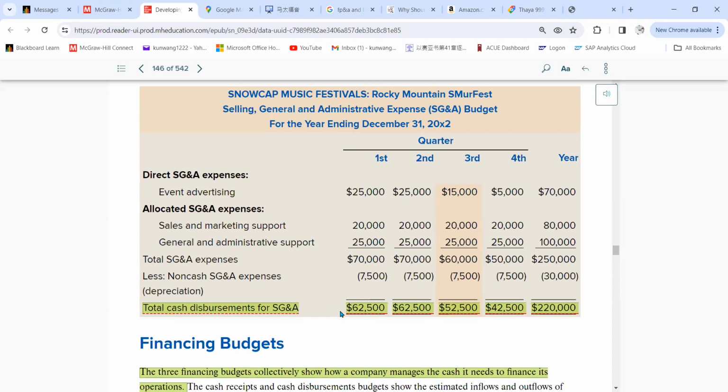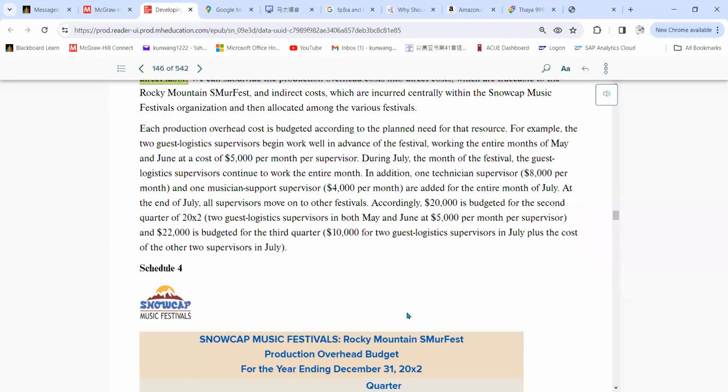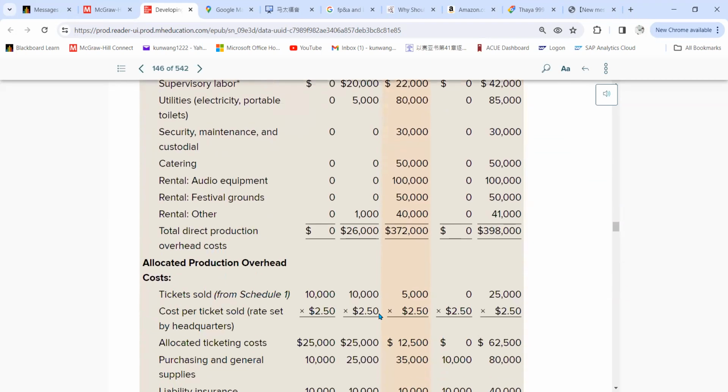So we also have the cash payments information, but for the labor overhead, we didn't really put how much cash you need to pay out for these items. That information we'll put in the cash budget, so it's a cash disbursement.